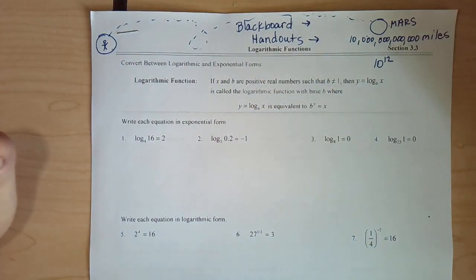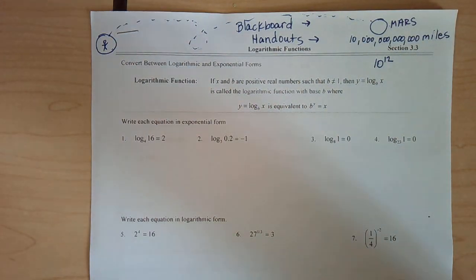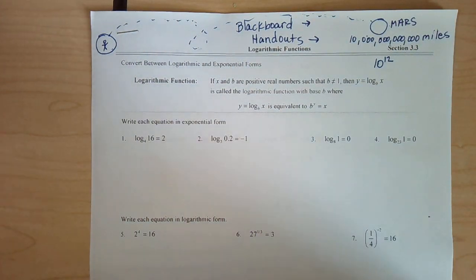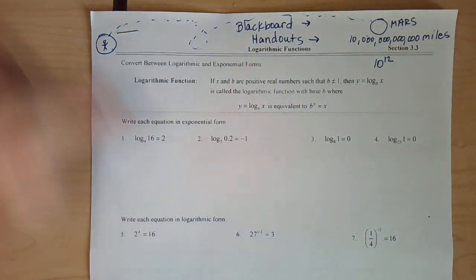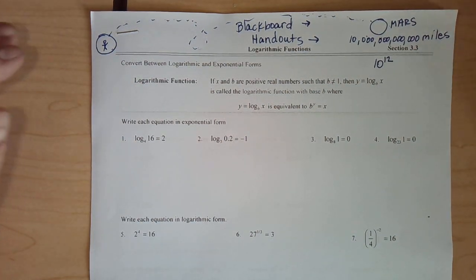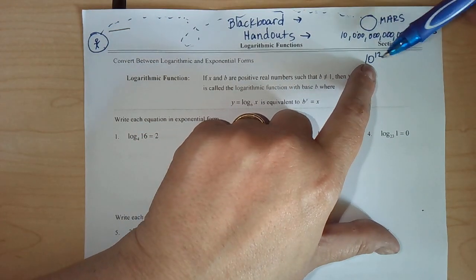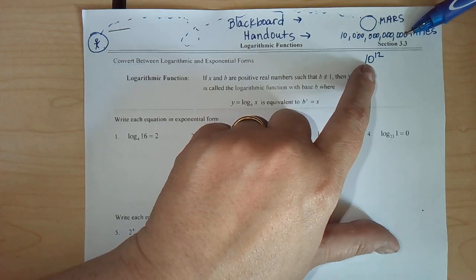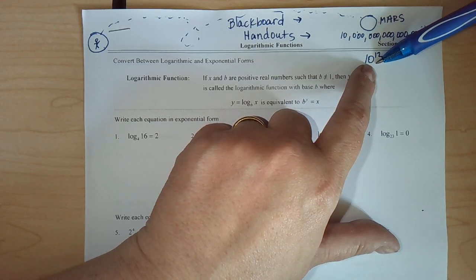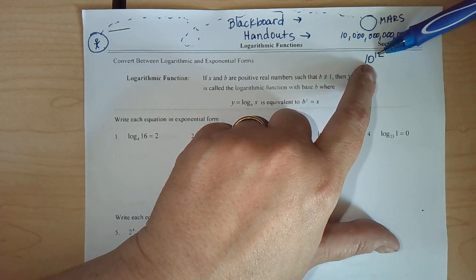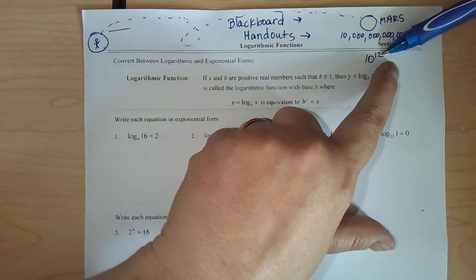So you might not have ever seen a logarithm, but it's because when we get up into that high math of rocket ships and bacteria and vaccines and all that super fancy science stuff, the freakishly big numbers become very difficult to work with because they have a base and an exponent.